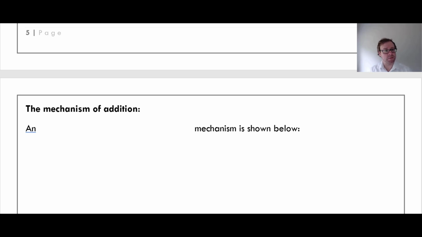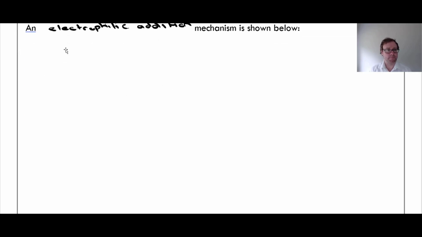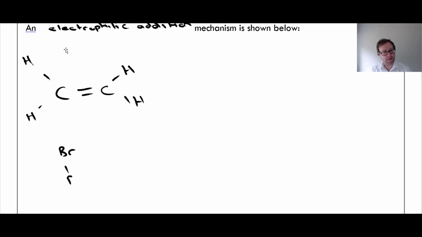We call this type of mechanism an electrophilic addition mechanism, and it's shown below. Okay, it's not that difficult, but students can't be bothered to learn it and they get it wrong. So I'll start with my ethene, and I'm going to have some bromine.